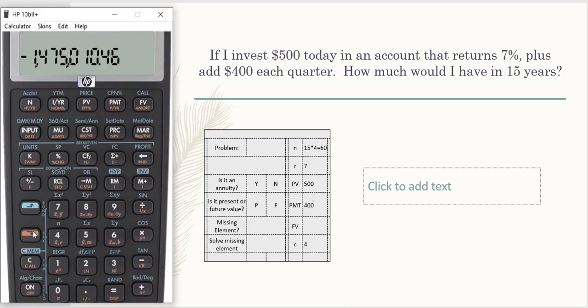So I said we're going to clear our calculator to begin with. We had 60 times it compounded. We're doing it for a shorter time this time. We're only doing it for 15 years. So this might be someone trying to save for their first house. And so our interest rate was 7%. And we did 500 today.